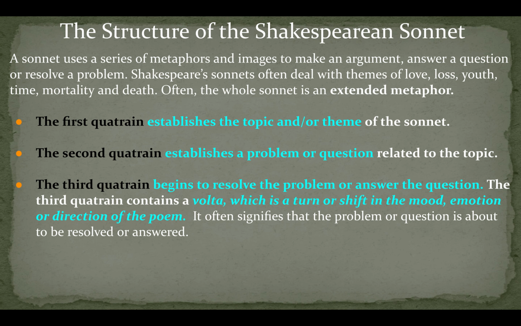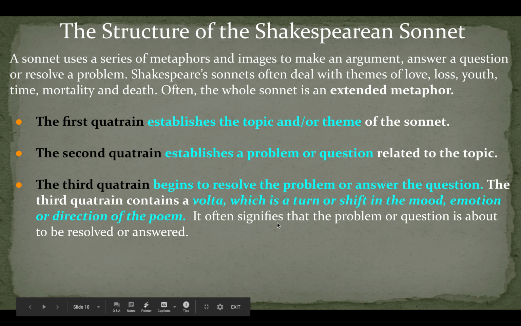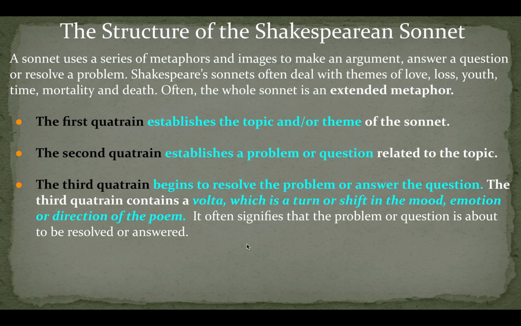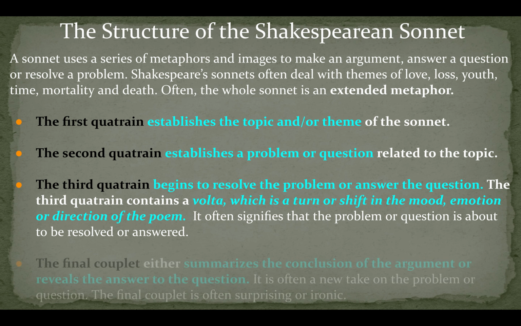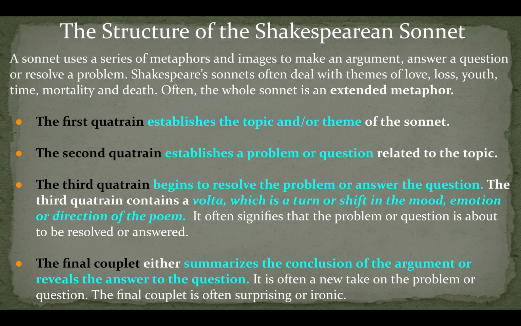And usually it's after the volta, or in the midst of the volta, that the problem starts to be resolved. So we look for that. It's not always easy to find the volta; sometimes it's subtle, sometimes it's obvious, but we do look for it.